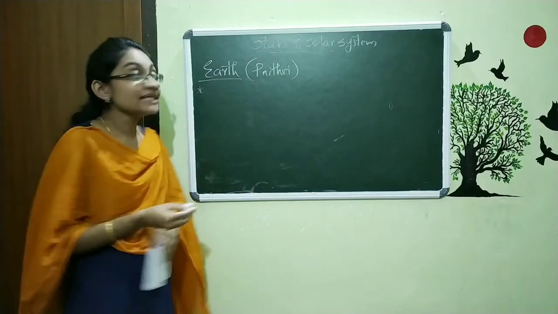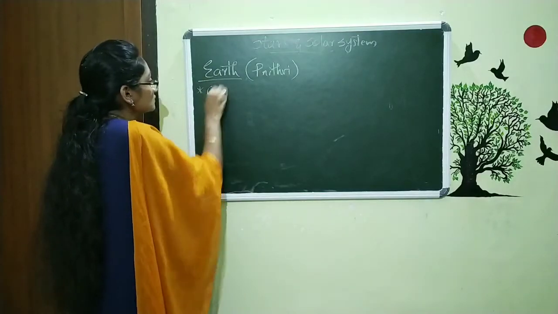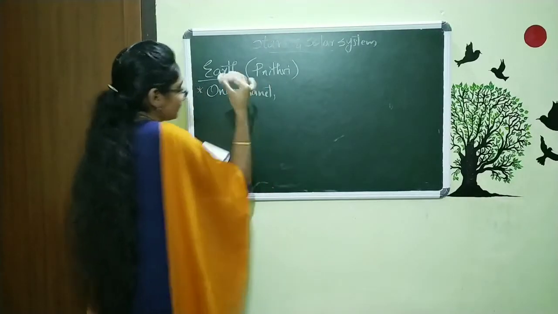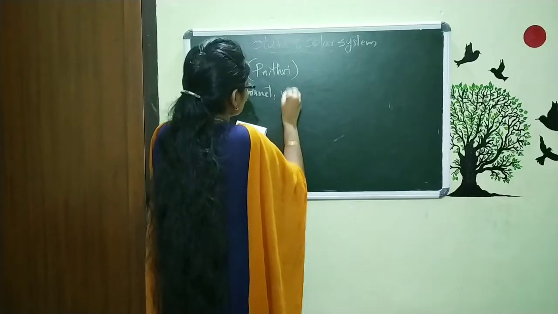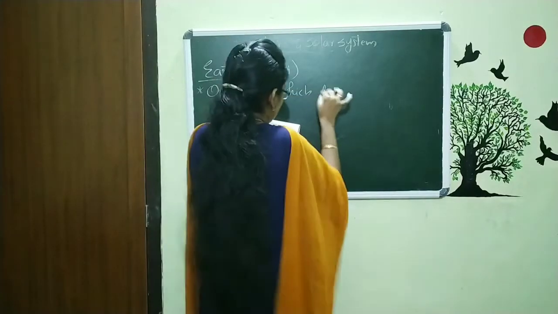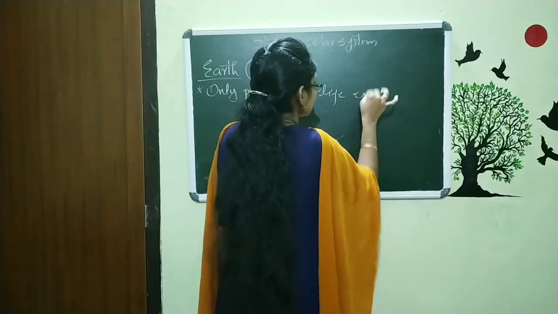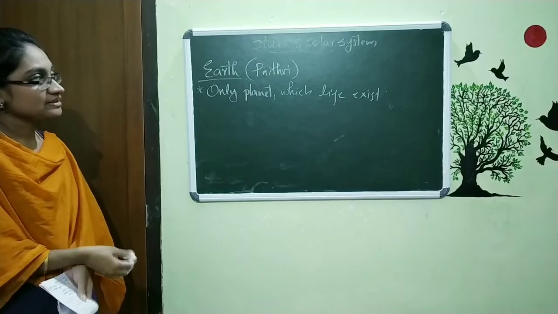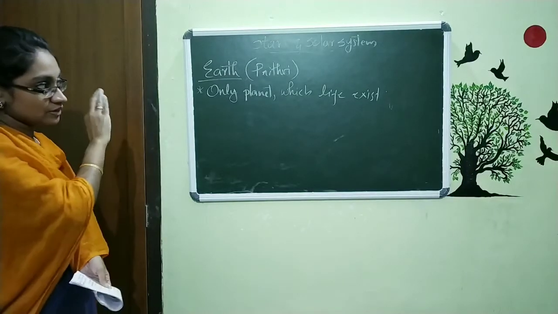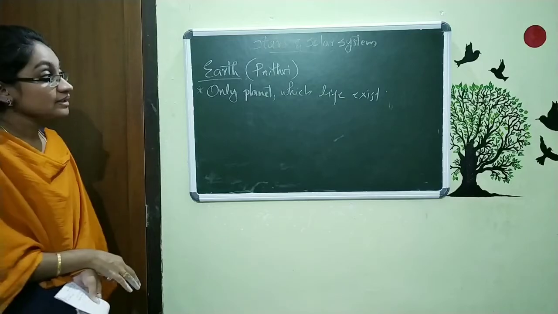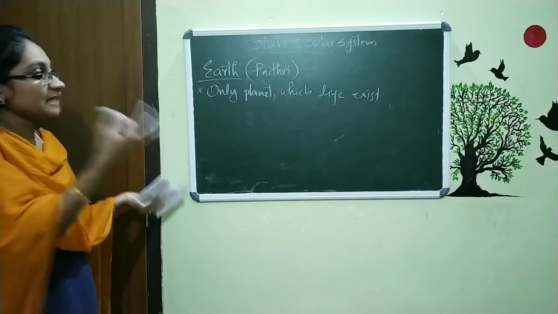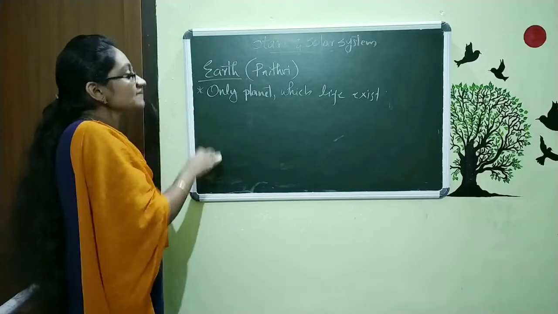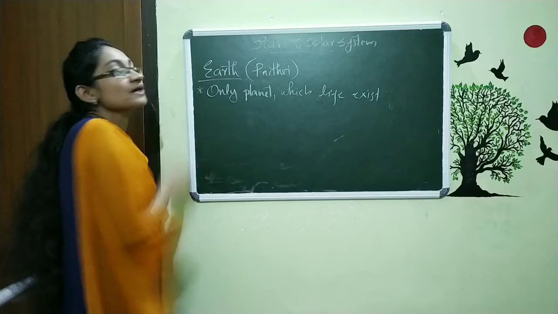It is the only planet in the solar system on which life exists. Actually, we can say it as known to have life. Within our knowledge, only the Earth has life. We don't know of any other planet having life. So within our current knowledge, we can say it is the only planet on which life exists.